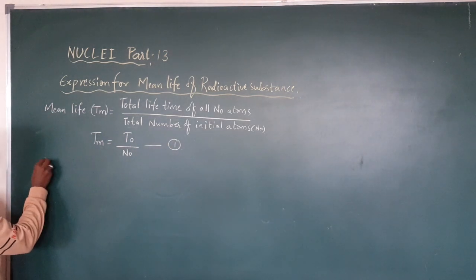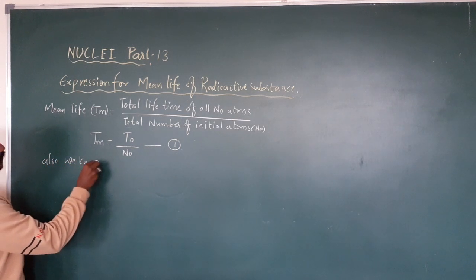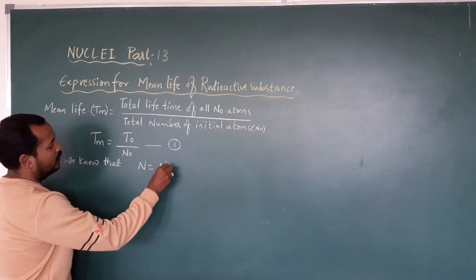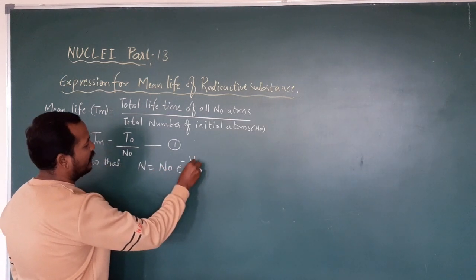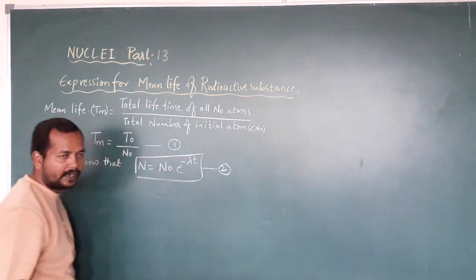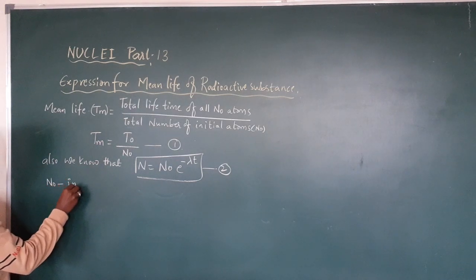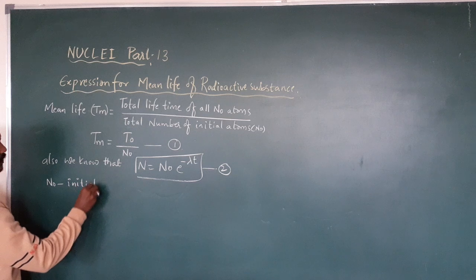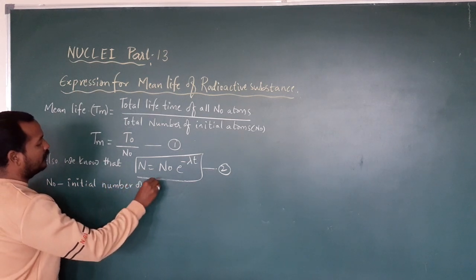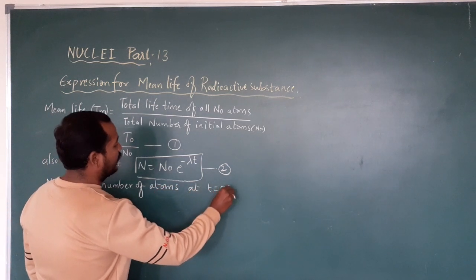Also we know that N is equal to N0 e raised to minus lambda t. I call this equation 2, correct? Where N0 is the initial number of atoms at t equal to 0 seconds.